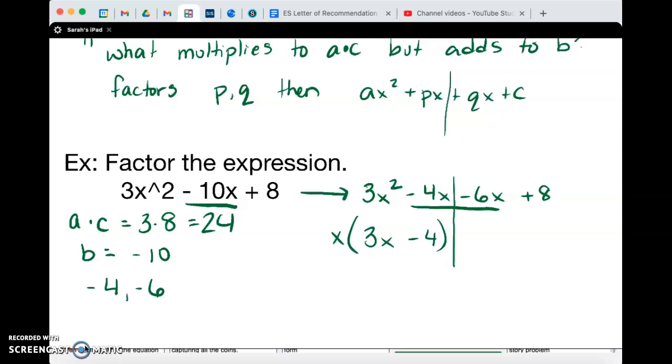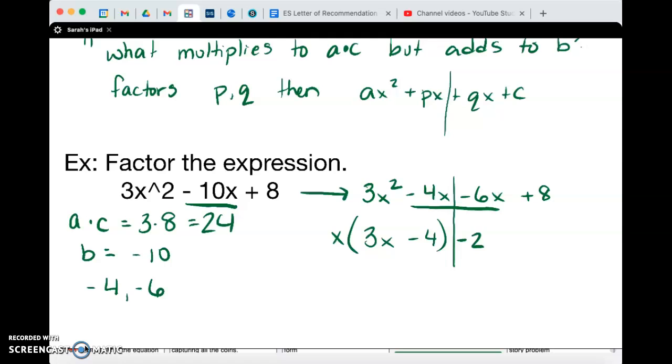Then I look at the other half, negative 6x and 8. What can I divide out of both of these terms? 6 doesn't go into 8. 2. So I'm going to do negative 2.